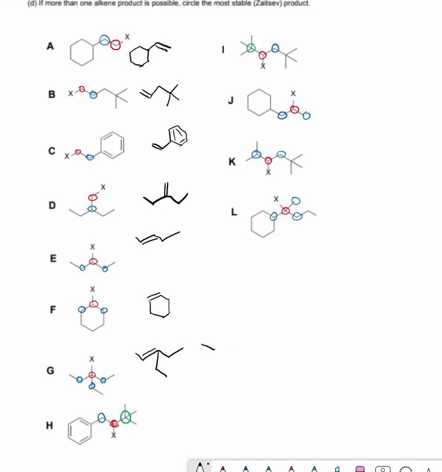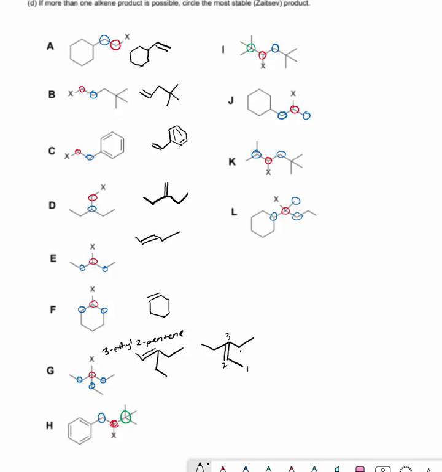I could draw my pi bond here, but let's name this. So we have 1, 2, 3, 4, 5. So this is a 2-pentene with a 3-ethyl.